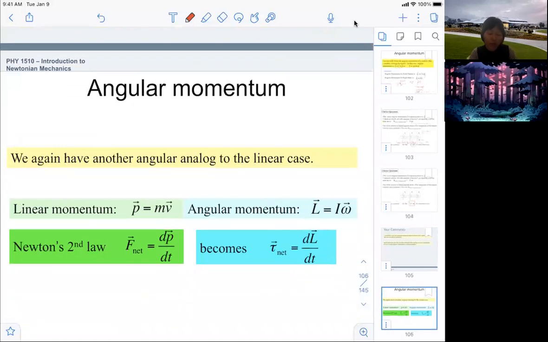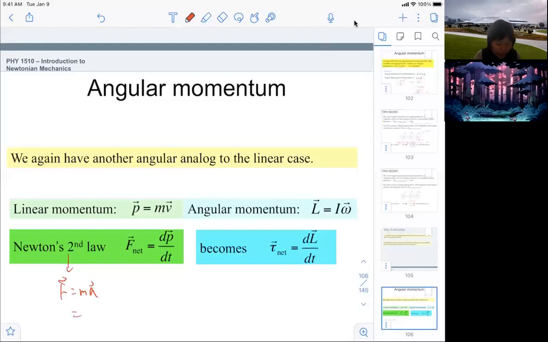Okay, so how do we get the conservation of angular momentum from this? Again, we follow the same analogy when we do this derivation. We already did the analogy to figure out what angular momentum is: I alpha, L is I omega, corresponding to mv for the linear case. Newton's second law, remember F equals ma, there's another way to write it. We have talked about this before: F equals dp over dt.